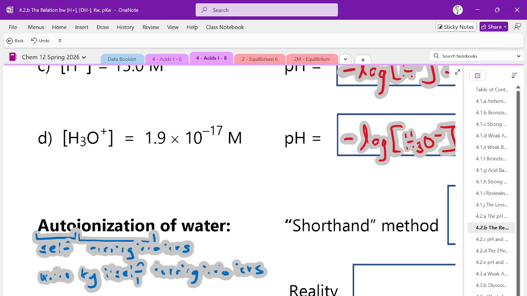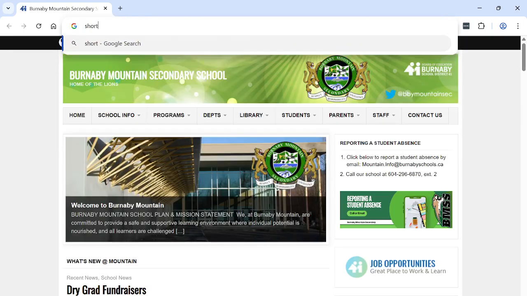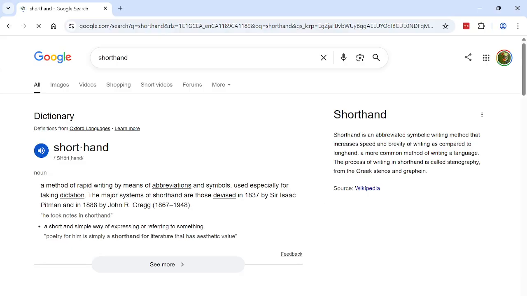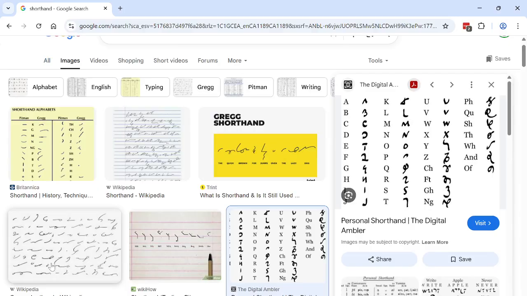It looked like, let's just go look and see some shorthand. It's just what doctors learn. No, but it certainly looks like it.